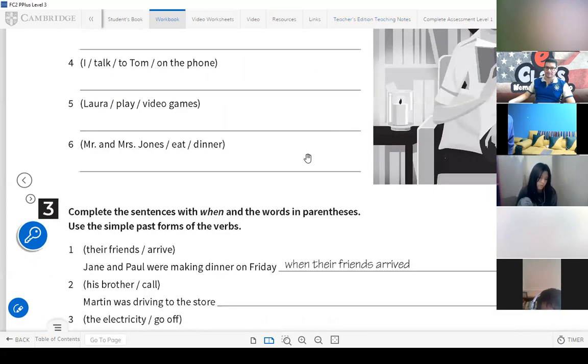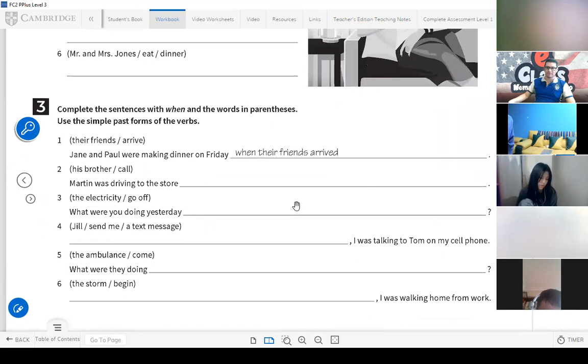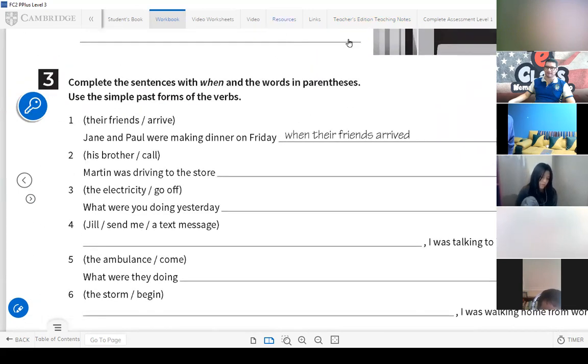Ahora, tienes aquí 6 sentences. La última part, ¿qué es lo que vas a hacer? Te dice, complete the sentences with when and the words in parentheses. Use the simple past form of the verbs. ¿Qué es lo que vas a tener que hacer? Dice, their friends arrive. ¿Ya? Vas a tener que añadir el when para formar estas oraciones.